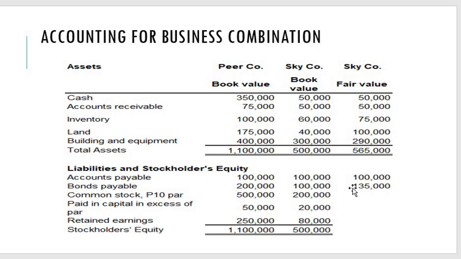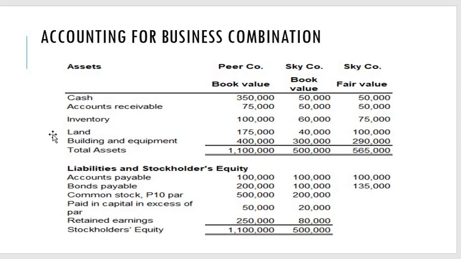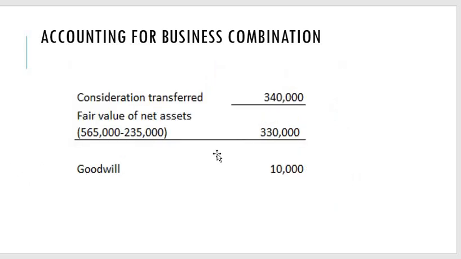First, we shall be computing the goodwill. To compute the goodwill, simply, that's the consideration transferred less the fair value of the net assets. The fair value of the net assets is basically 565,000 total assets less 235,000 total liabilities. In this case there is no non-controlling interest because it's a 100% acquisition.